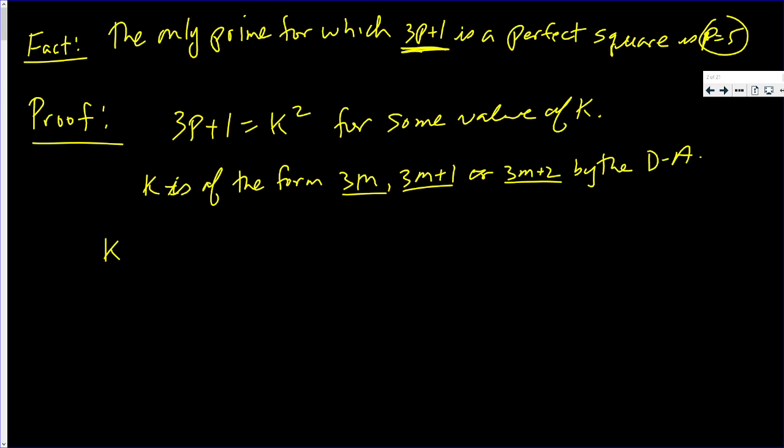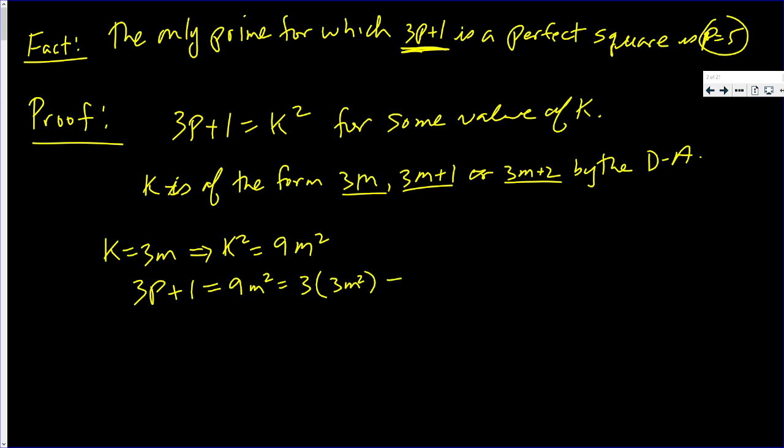Now, if k is equal to 3m, that implies that k squared is 9m squared. And we want 3p plus 1 to equal 9m squared, which is the same as 3 times 3m squared. Well, this implies that 3 divides 9m squared, which implies that 3 divides 3p plus 1, because it equals 9m squared.